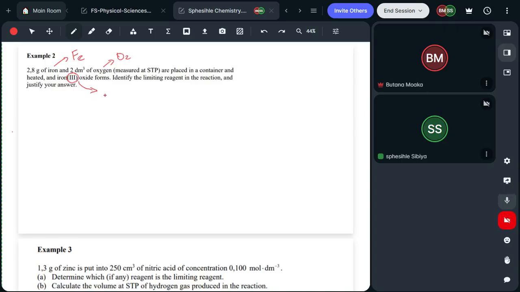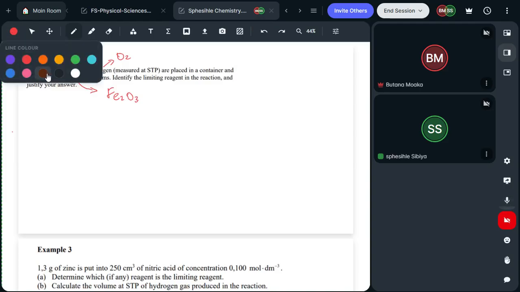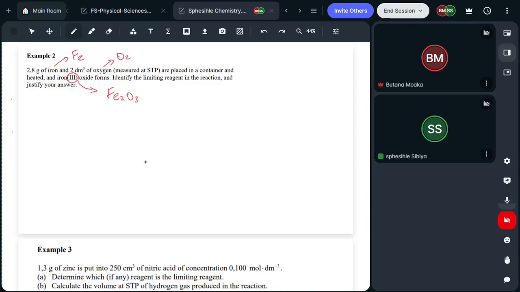When we say iron oxide, it's always going to be Fe2O3. So the 3 is for the oxygen. When I say iron oxide, just note that I think it's Roman numerals, but it's fine. Maybe I'll tell you in upcoming lessons if I see this again.